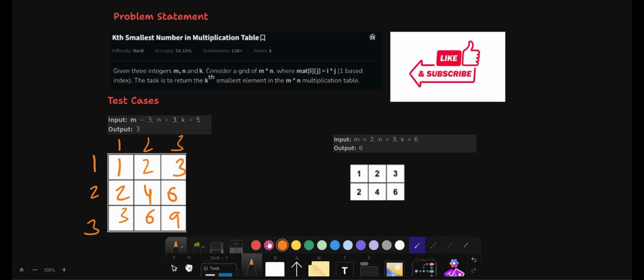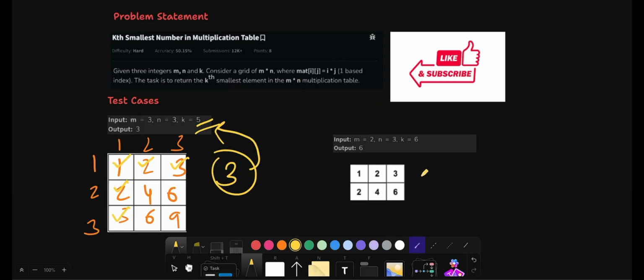If we take a different color, the fifth smallest element is what we have to find. The first smallest element is 1, second is 2, third is also 2, fourth is 3, fifth is 3. So we have to return 3, and indeed that is our correct answer.